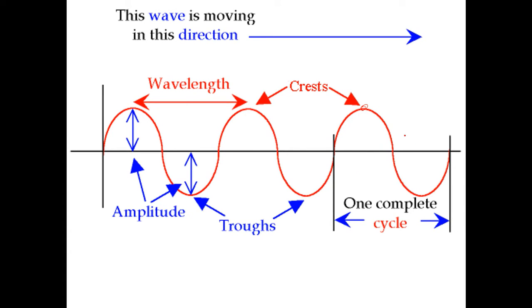So it looks like there are at least two complete wavelengths there. This would also be considered a wavelength if we're starting from the equilibrium point. You have your three troughs, you have your three crests, and if you were to measure from the trough to the crest, that would be considered amplitude.